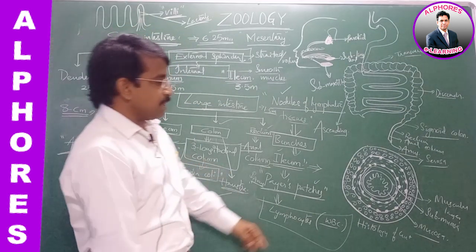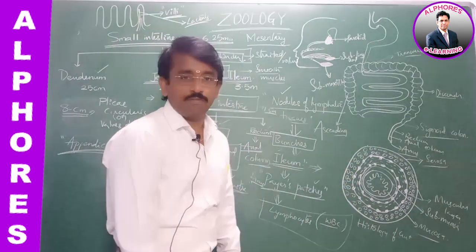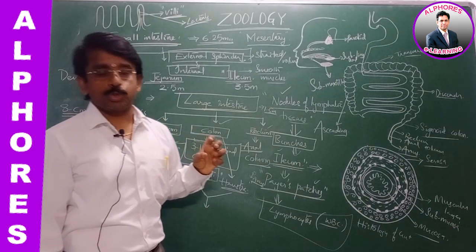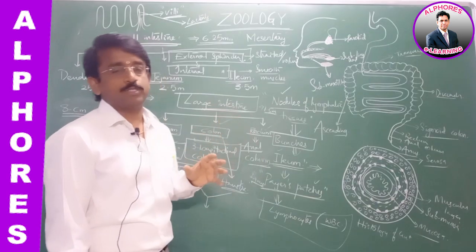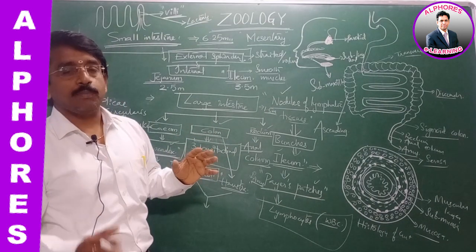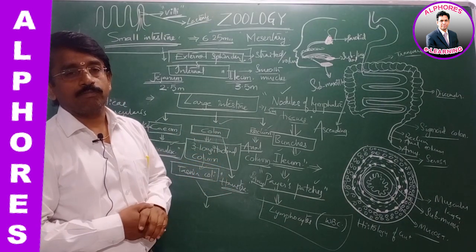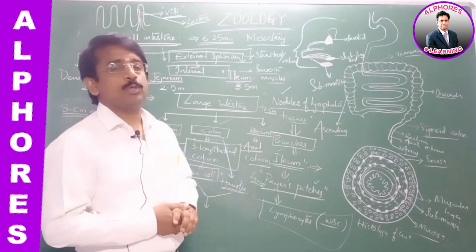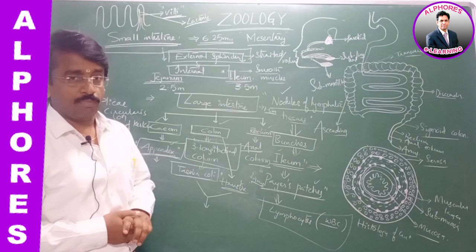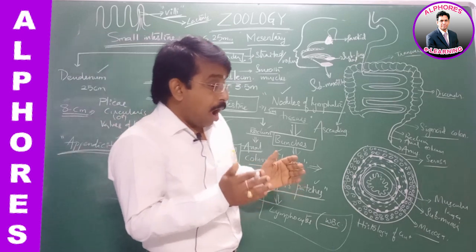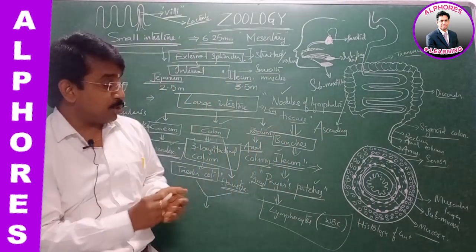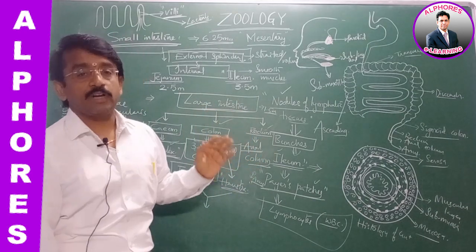Now we'll go for the histology of the gut. Histology is the study of tissues, that is the epithelial tissues, connective tissues, muscular tissues and the nervous tissue. How these tissues are associated with the gut is named the histology of the gut.